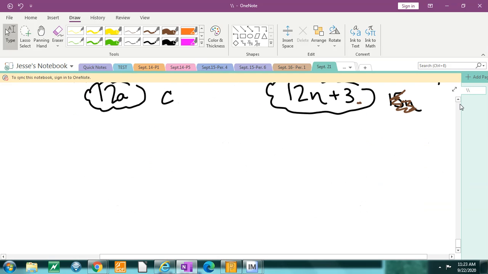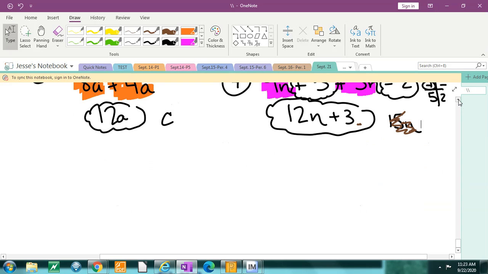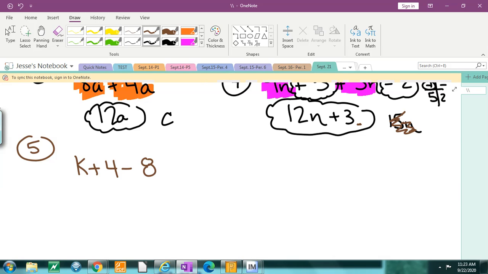Okay, sorry about that. Let's go ahead and do number 5. Number 5 is k plus 4 minus 8. Well, k has no coefficient, right? So what am I going to put right in front of it? Yeah, the invisible one. Do you have any other k's? No, so I could leave it alone, or put a 1, it doesn't matter.